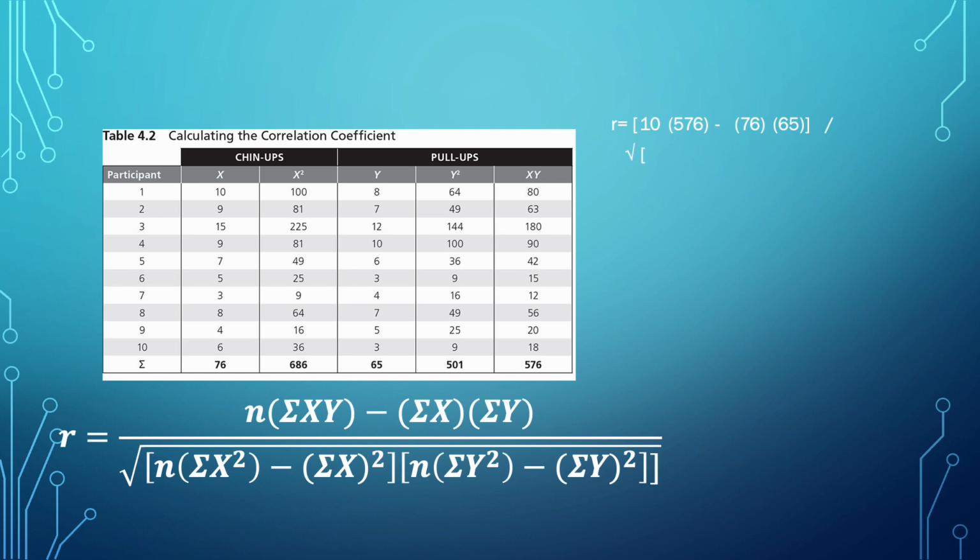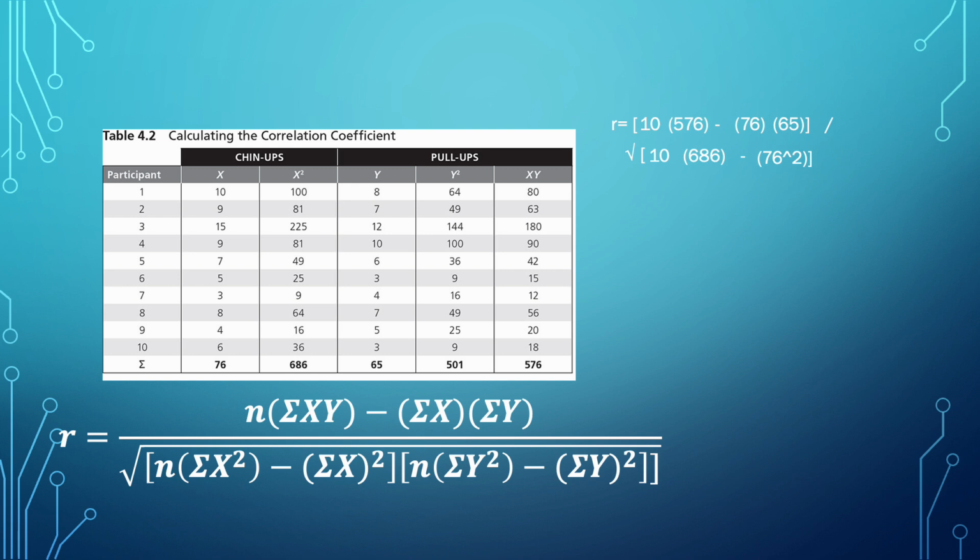So then we're going to divide all of that by the square root of 10, which is our N, again, multiplied by our sum of X squareds, or our 686. Subtract that from our sum of X, and then we're going to square that sum. So 76 squared.